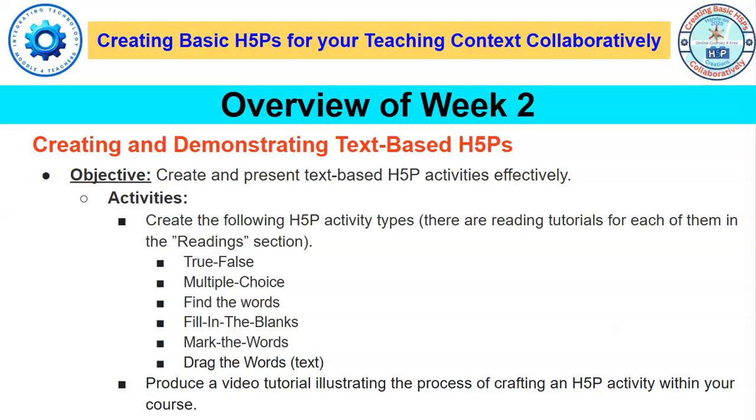Don't panic. Video tutorials are fun, they are easy, and you have all the steps in a page in our course to show you what to do, how to do it, how to share it.